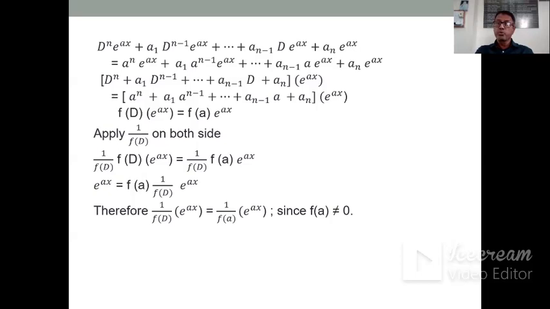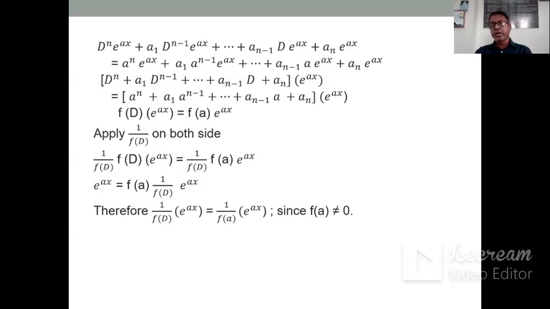Now here we want to see in the next result what happens if f of a is 0. If f of a is 0, then by the factorization theorem, D minus a is a factor of f of D.